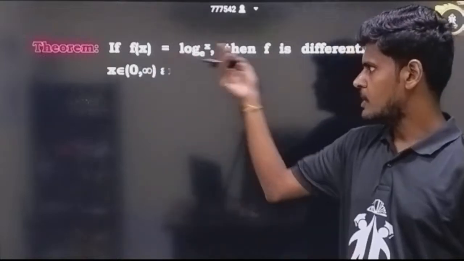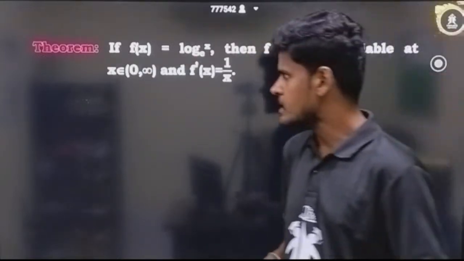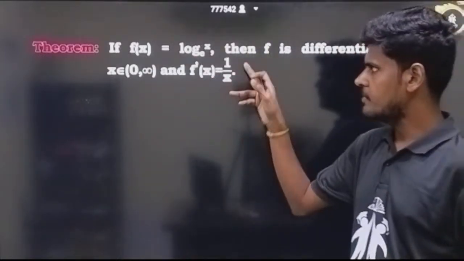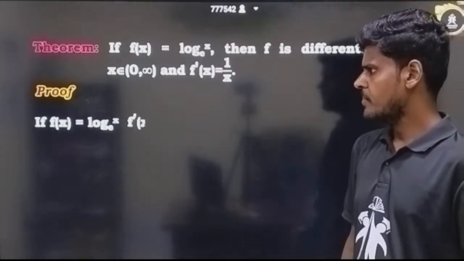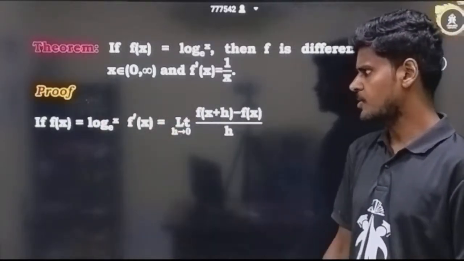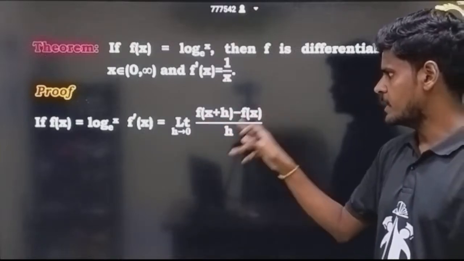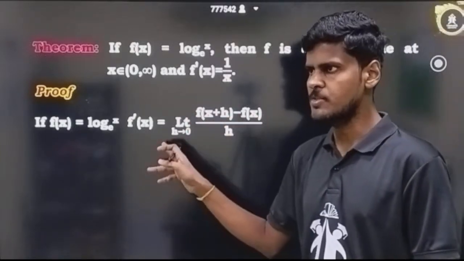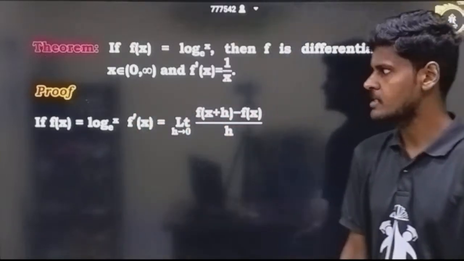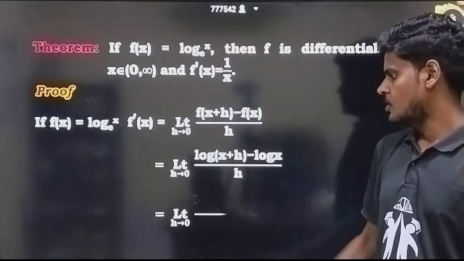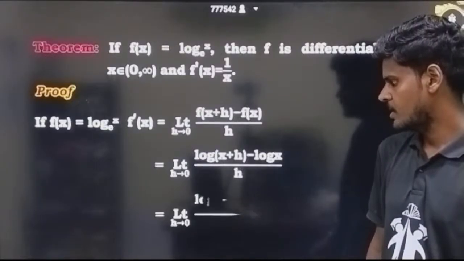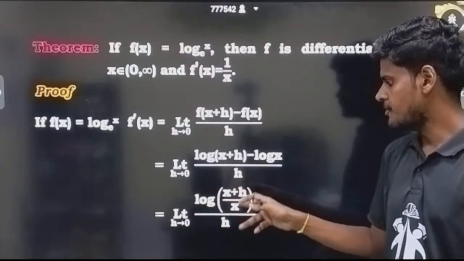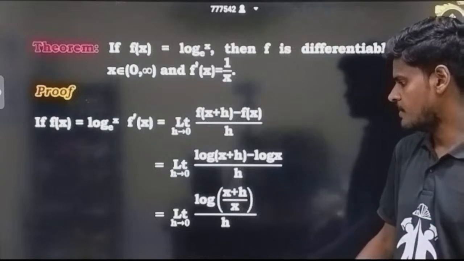Next, derivative of log x. If f of x is log x, then its derivative is 1 by x. Again, take f of x equal to log x. f of x plus h minus f of x by h, limit h tends to 0 is the f dash of x. So what is log of x plus h? Limit h tends to 0, log of x plus h minus log x divided by h.